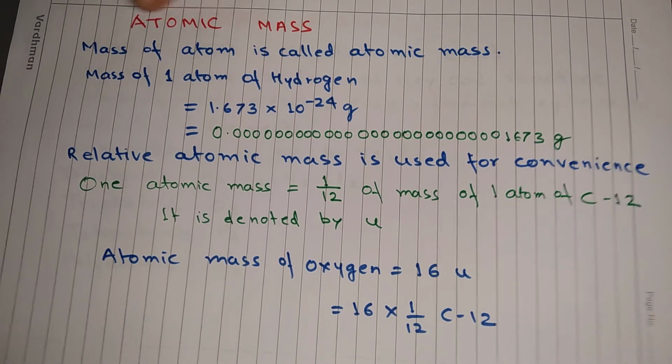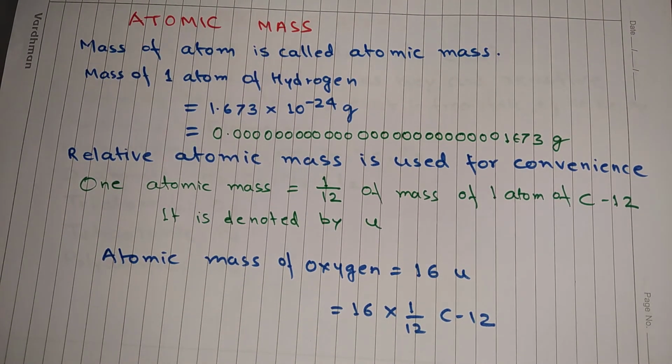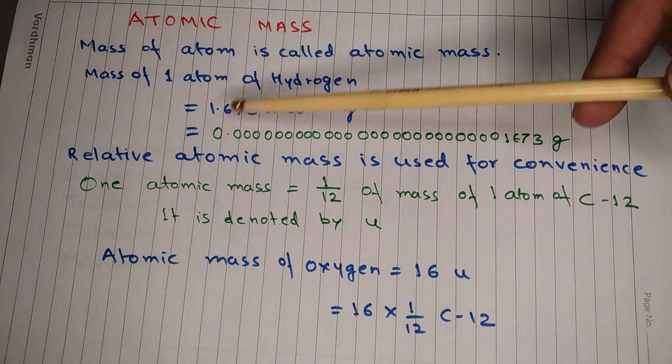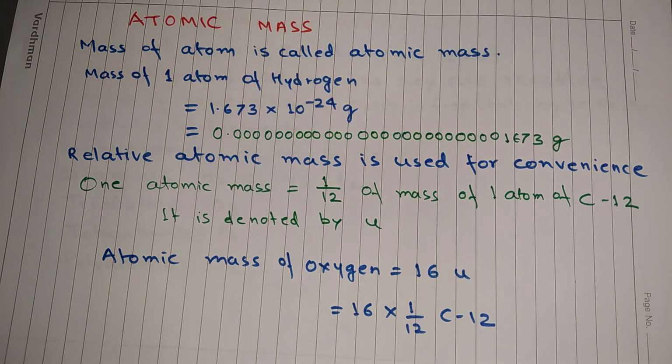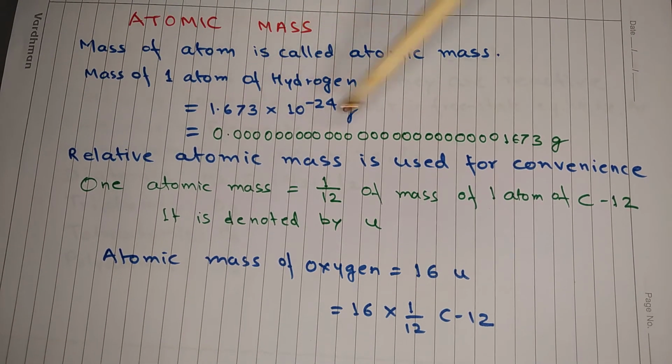Atomic mass. The mass of an atom is called atomic mass. Now, the mass of one atom of hydrogen is 1.673 multiplied by 10 power minus 24 gram. If you write it as a number in normal format, there are so many zeros.